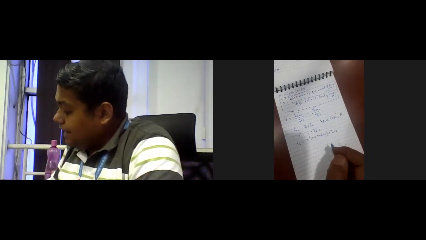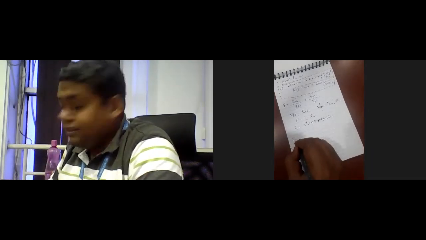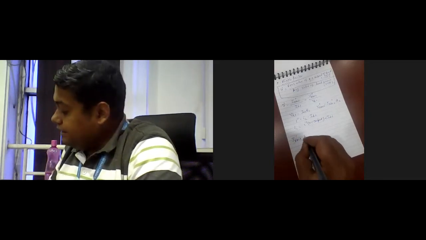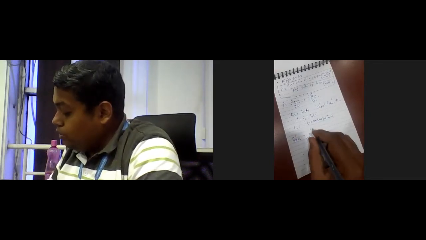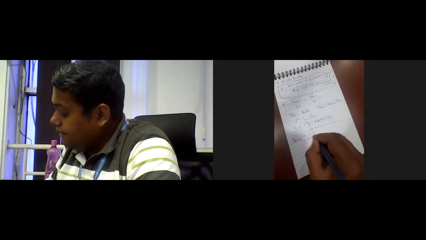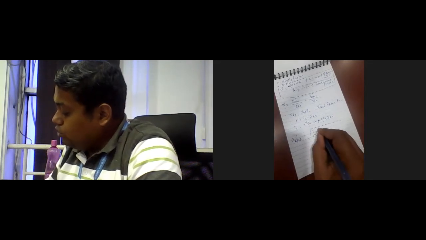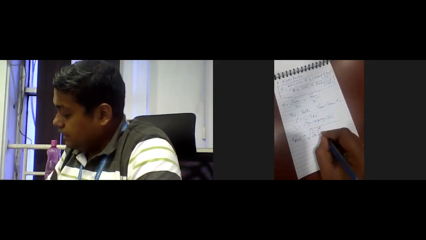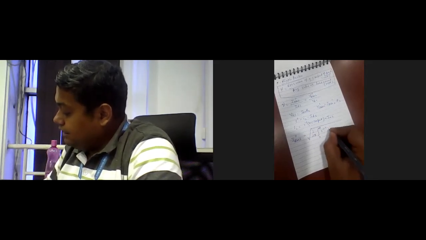So IRMS prime, if we consider the root mean square, is equal to the square root of 1 by 2 pi integral 0 to 2 pi I prime square d of omega t.